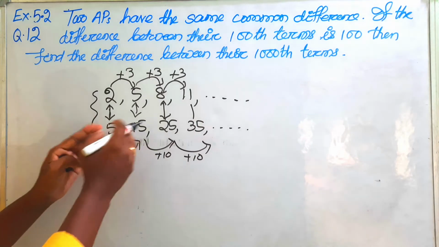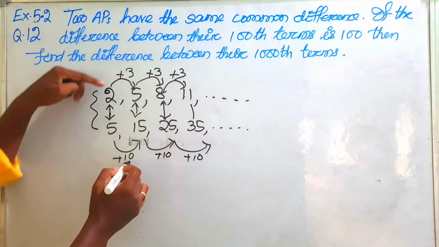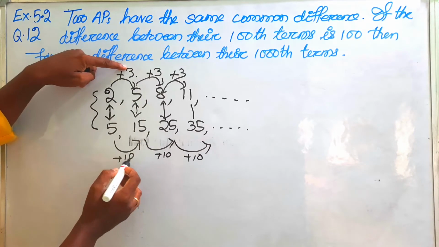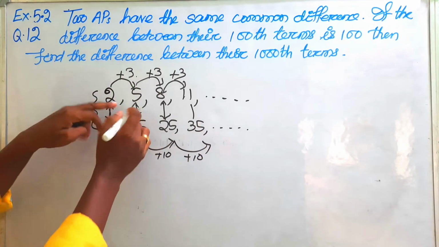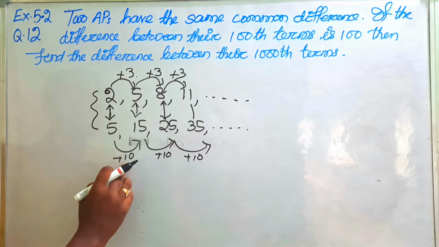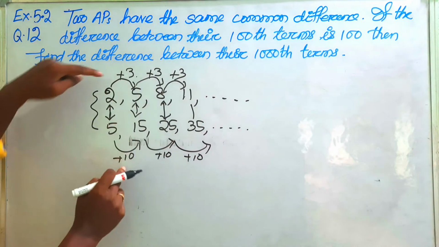That means how much is it increasing? Look here, the increment is 3, here the increment is 10. So the net increment between these corresponding terms is 7, the difference of 10 and 3.